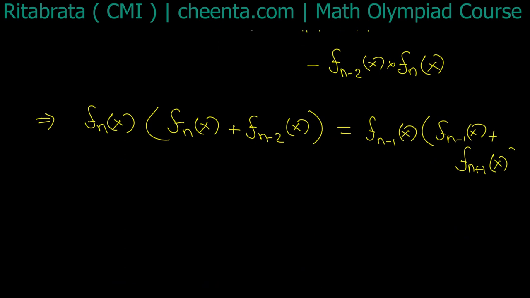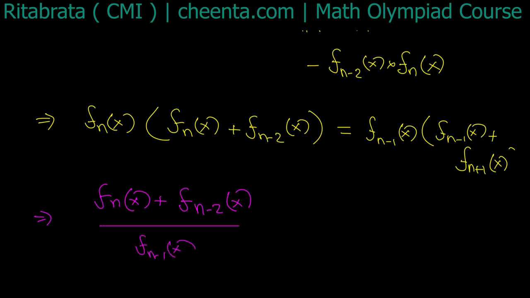So I can take things in the denominator to get that (f_n(x) plus f_{n-2}(x)) by f_{n-1}(x) equals (f_{n-1}(x) plus f_{n+1}(x)) by f_n(x).